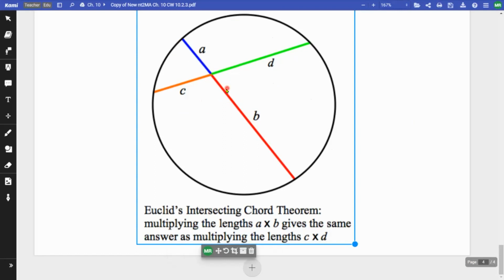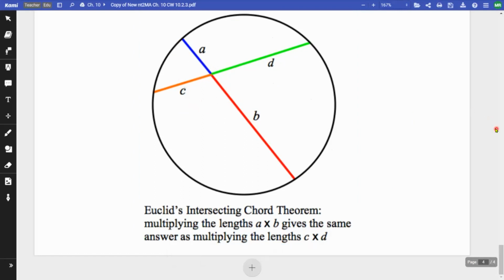So here A and B are formed when this line cuts through it, and C and D are formed when this one cuts through it. What is always true is that if you take A times B from the one chord, it is going to equal C times D from the other chord.